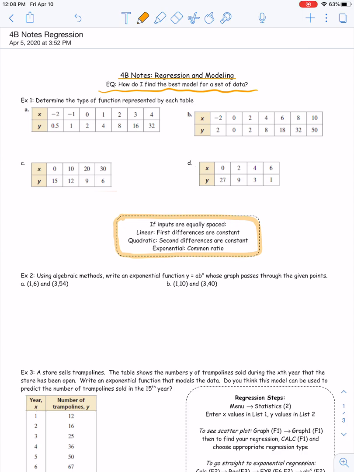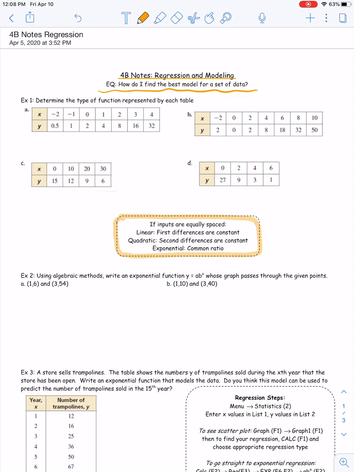If the first differences are constant, then it's linear. That means if the change in the y values is the same every single time, then that's linear data. And that makes sense, right? It's the same change of value every time that my x's are moving up or down.